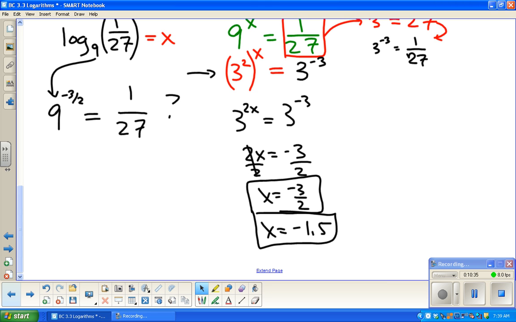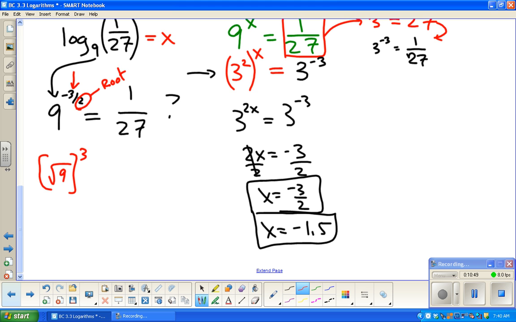I want to show that that actually is true. Remember that a denominator for an exponent means the root. So in other words, this means the square root of 9. Then the numerator of that is the power. And then what I'm supposed to do is -1 power, so reciprocal. Now I know none of you are going to write this on your own, I would think, but I need you to be able to think through this logic.